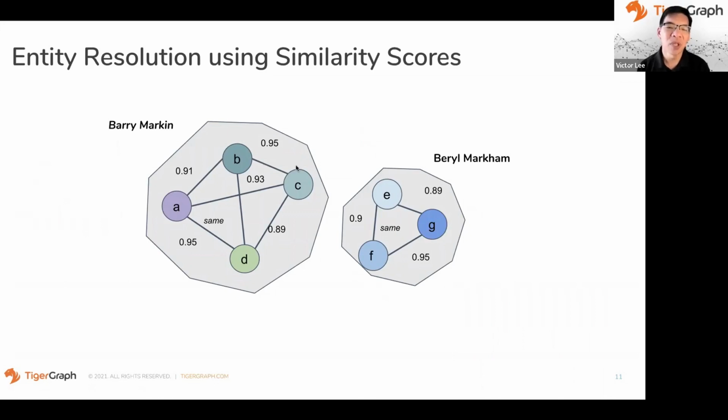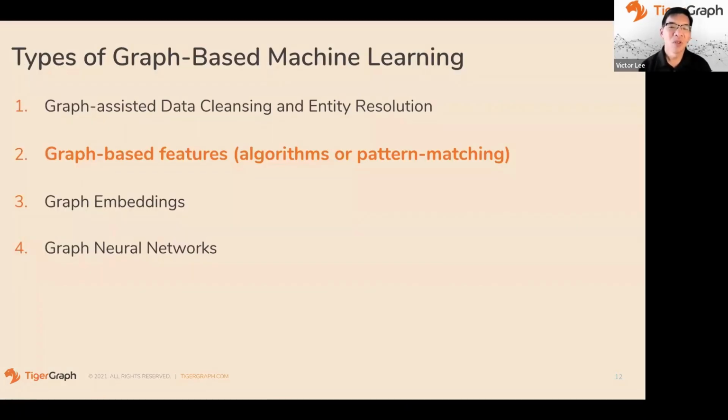If these each represent persons, that may mean of these 7 original digital identities, we've reduced them or resolved them to 2 real-world identities, Barry Markham and Beryl Markham. So that is one way that we can use graph for machine learning.